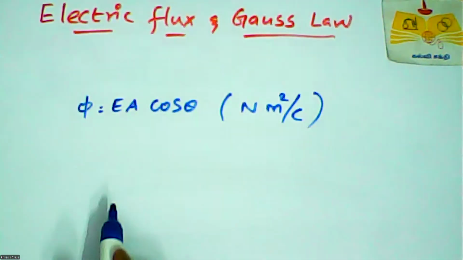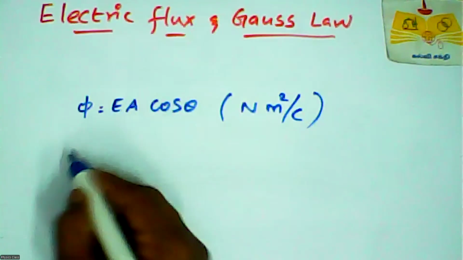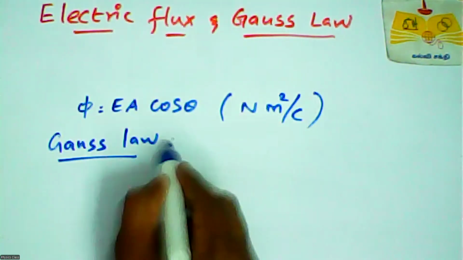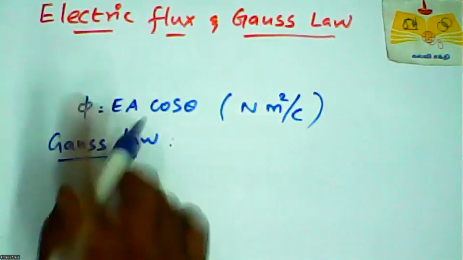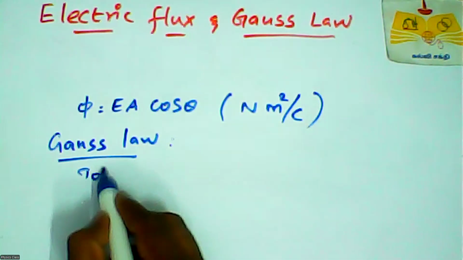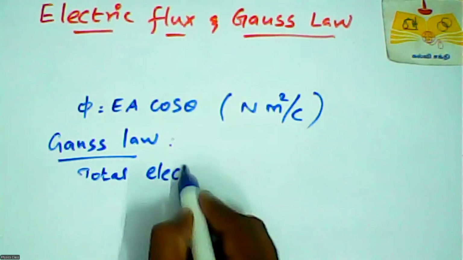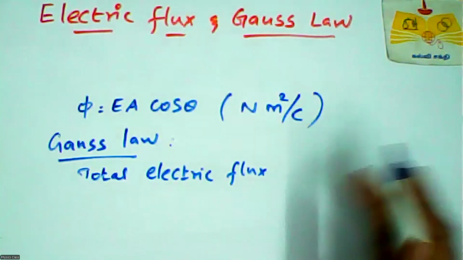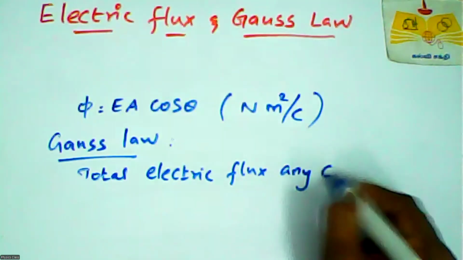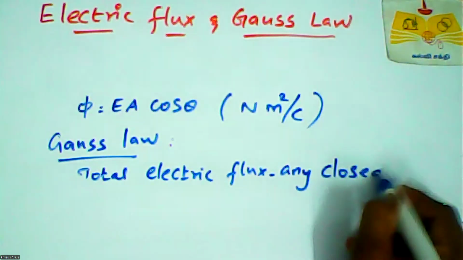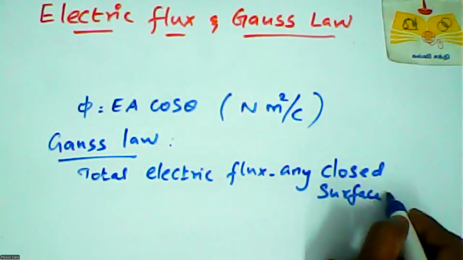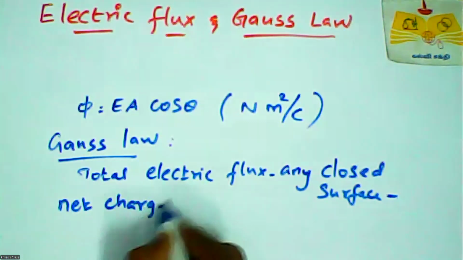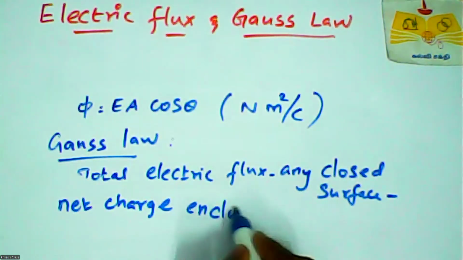So Gauss law is a powerful tool. It is a powerful tool that relates total electric flux through any closed surface to the net charge enclosed within the surface.